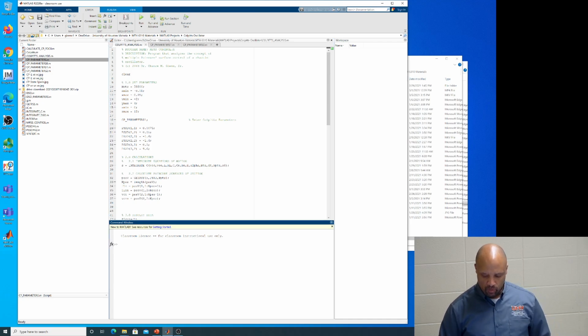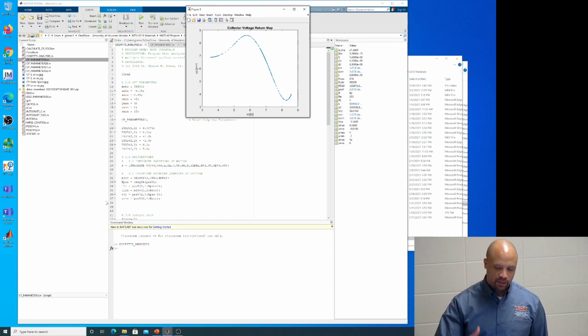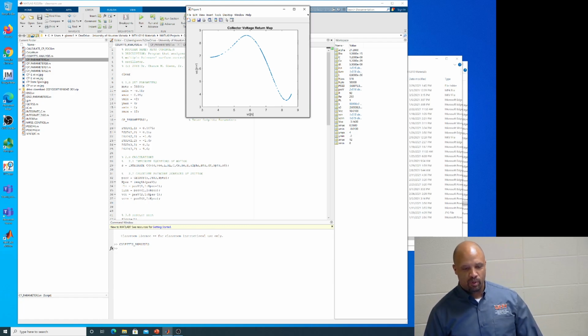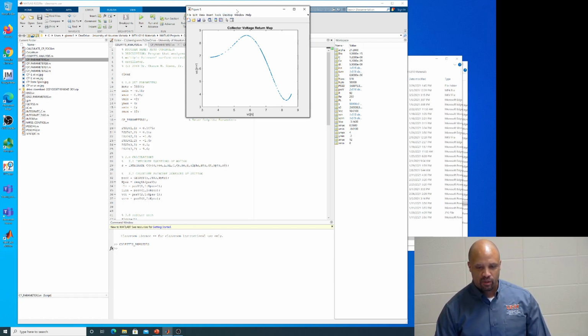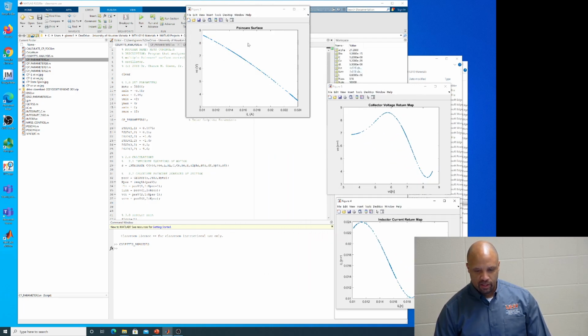So we're going to go ahead and run this, and in order to run it, I'll just type in Colpitts analysis. That's the name of the code, and it runs it. Now it's running it for 50,000 integration points, and it's finished already. So we could do more, and I might do more, but I don't want to talk about these curves yet.